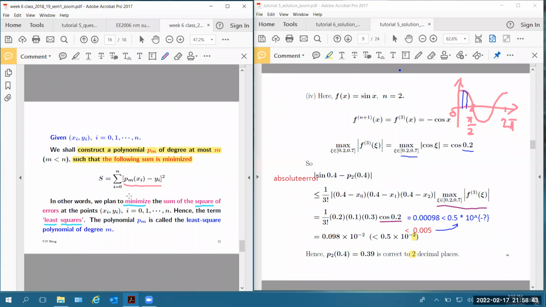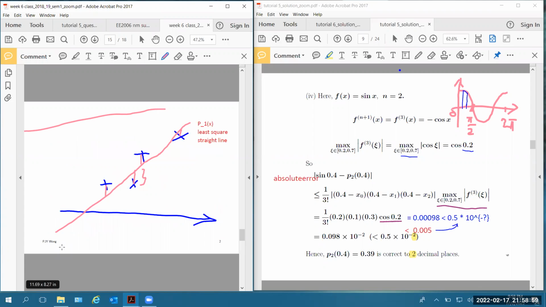And then what you do is that inside your mind, you go and minimize this sum. All right, so in your mind, you are doing that. And from this minimization of this sum, it actually tells you how to draw your straight line so that your sum of error square is minimized. See? So that's how it is done.